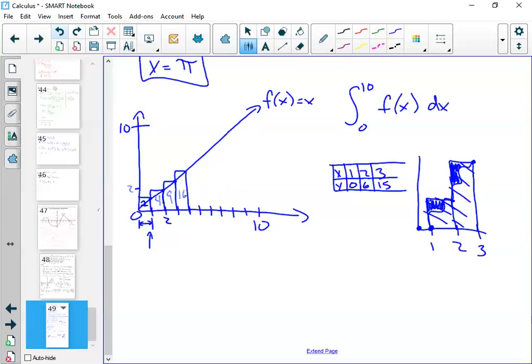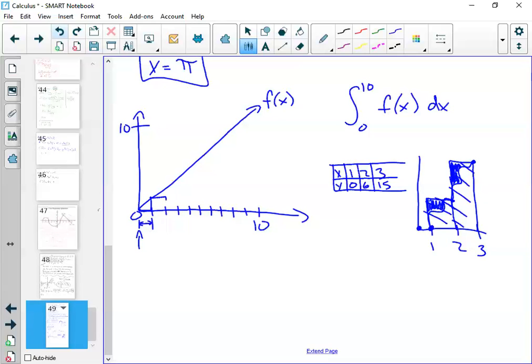Similarly, we could use the process of a left Riemann sum. So here we have our interval, and instead of using the right value, we would use the left value. Because our left value is at 0, there's no rectangle there.